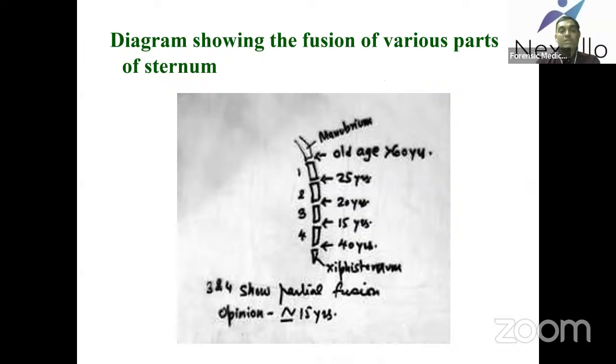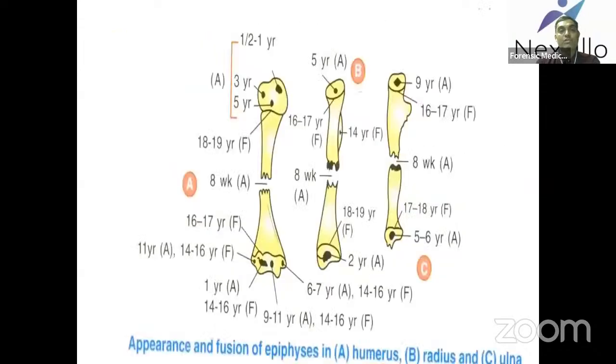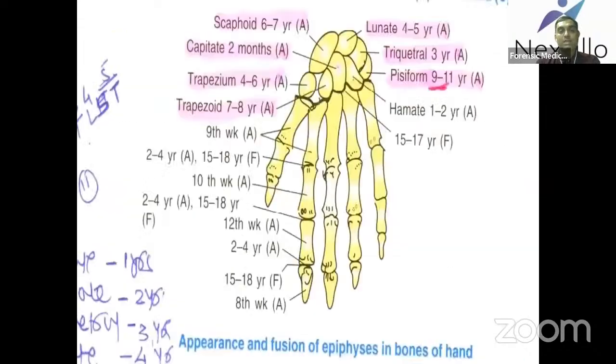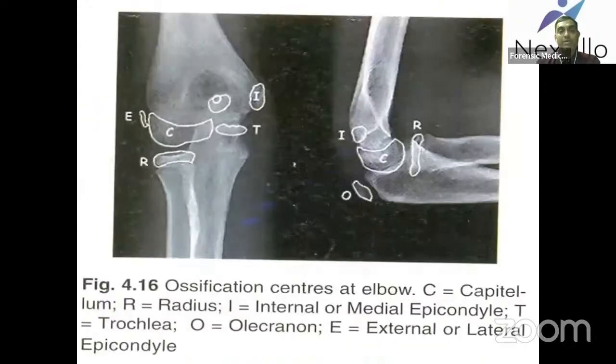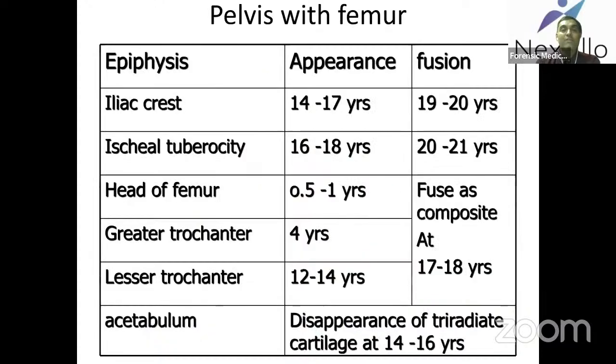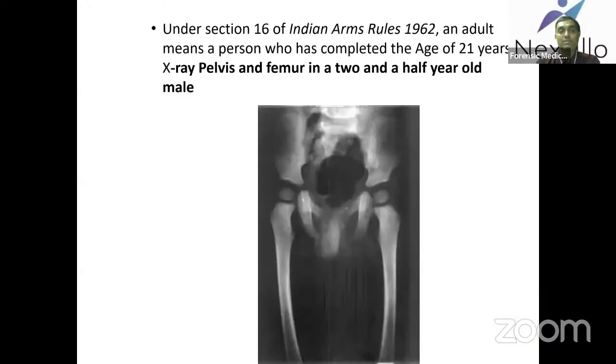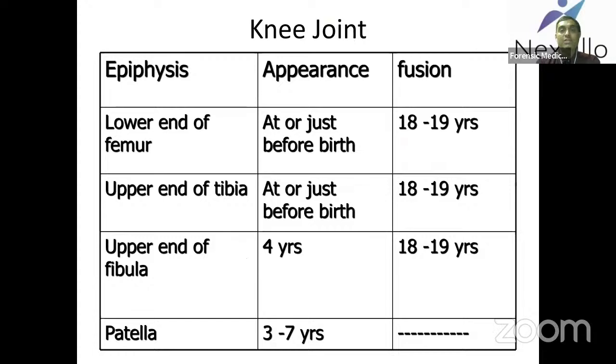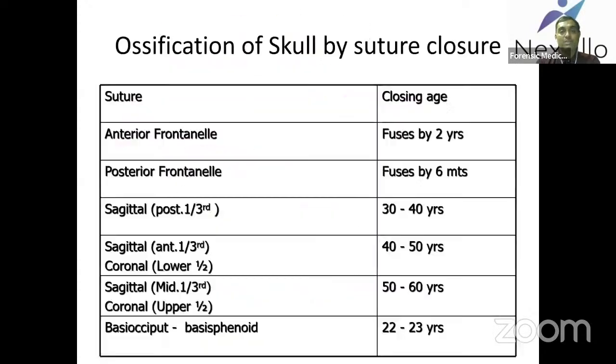Then we have also seen this sternum diagram, the shoulder joints, elbow joints, wrist joints, appearance and fusion. This is an elbow joint that we have seen. And we have seen the pelvis with femur also, iliac crest, ischial tuberosity. This is a 2.5-year-old male X-ray. Then we have seen the knee joint and ankle joint and the skull suture fusions.